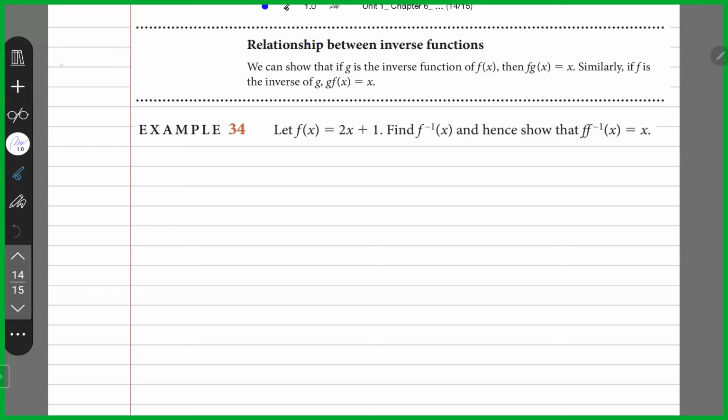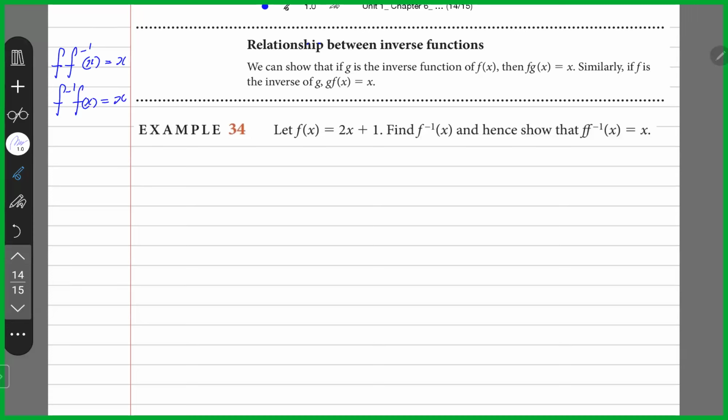So in other words, what they're saying is that f of f inverse of x is equal to x, and f inverse of f of x is equal to x. So that's what they're saying.